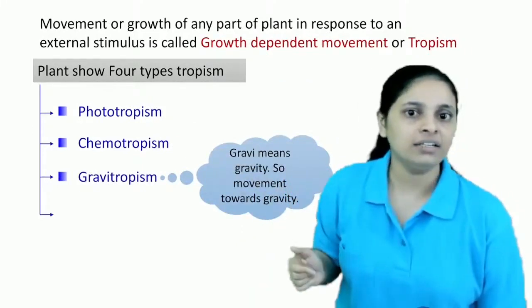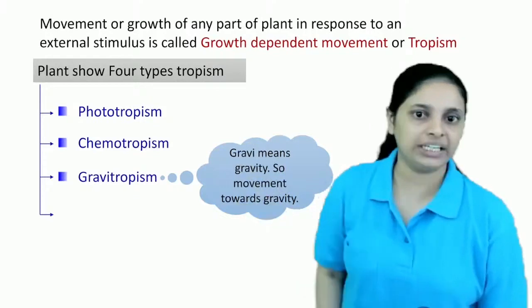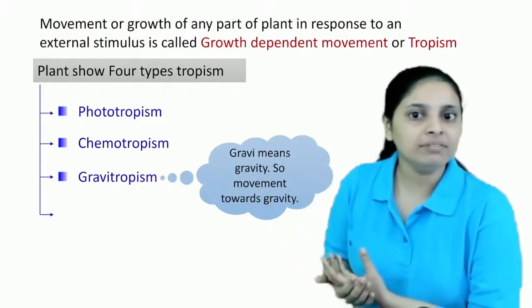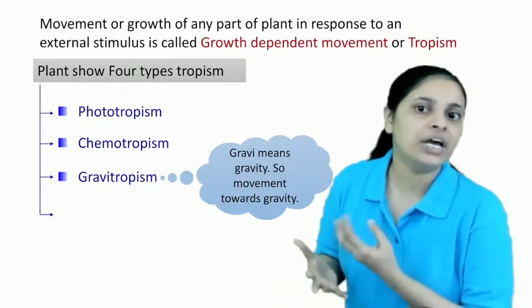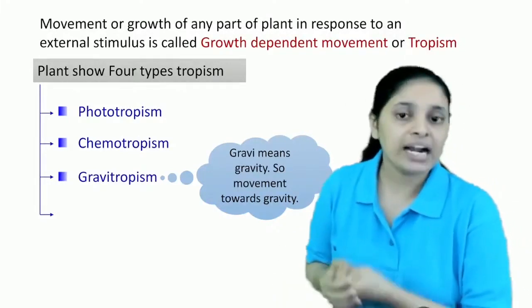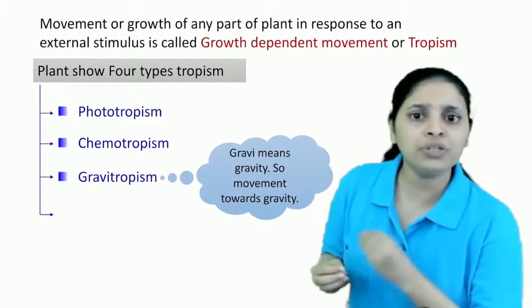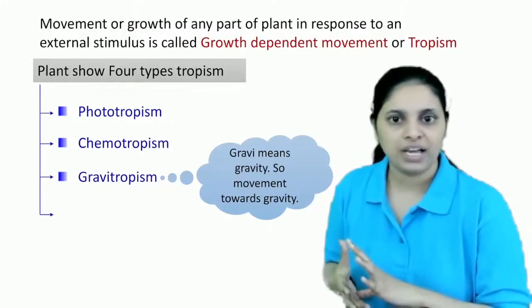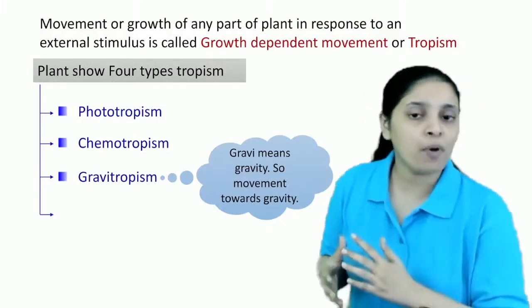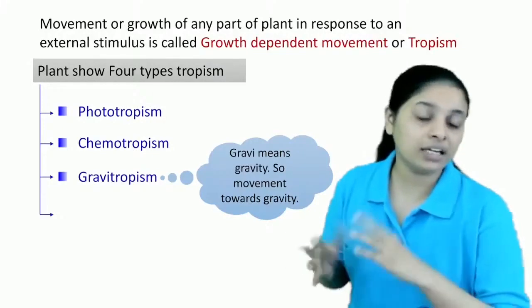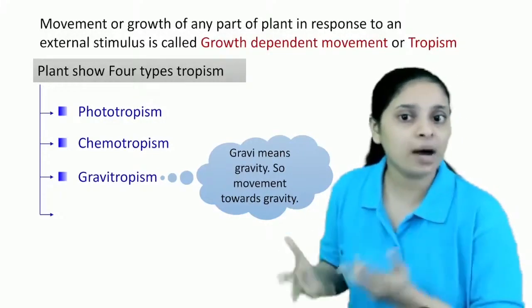Gravi here refers to the word gravity. So here, Earth's gravity will be the stimulus. And how do different plants or different parts of the plant respond? Now root and the stem will respond differently to gravity. Their response will be exactly opposite.